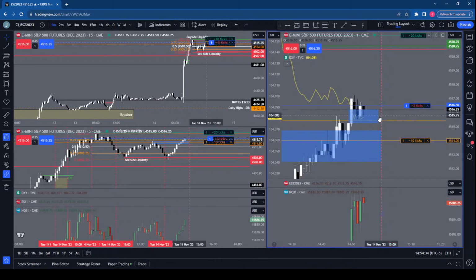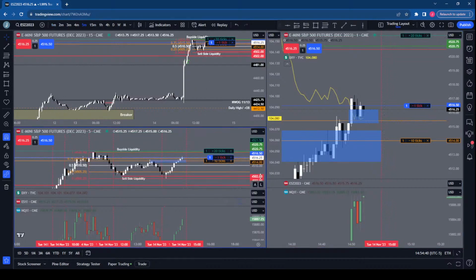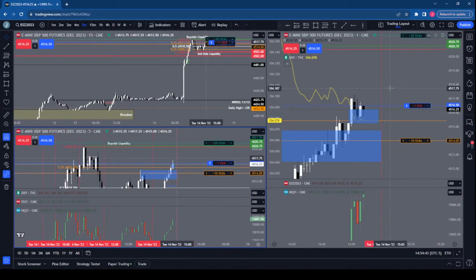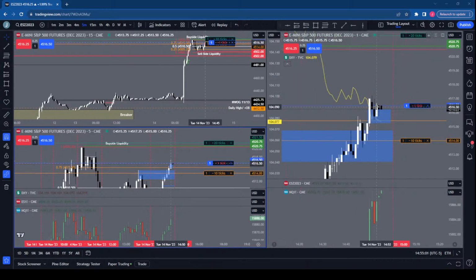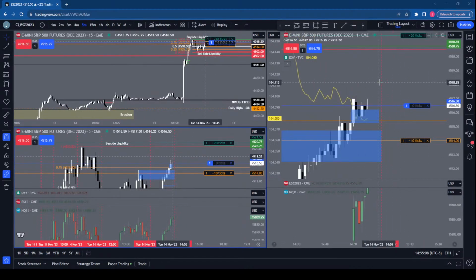I like how these two bodies respect consequent encroachment. I think it might be a rough delivery there. I'm kind of expecting that.